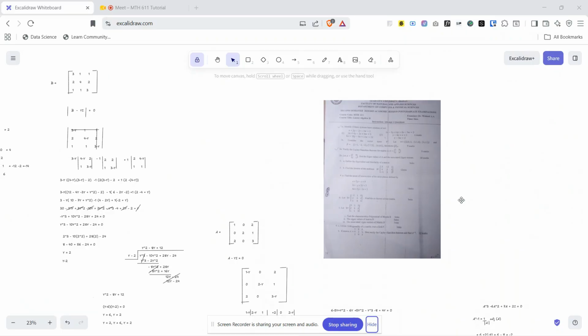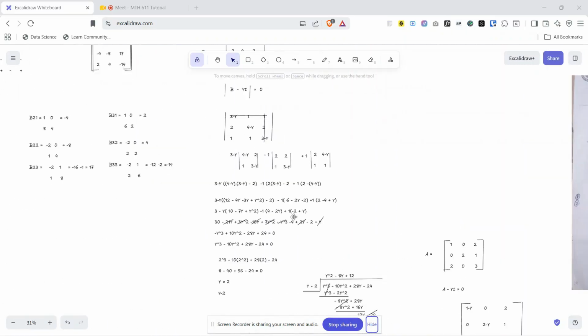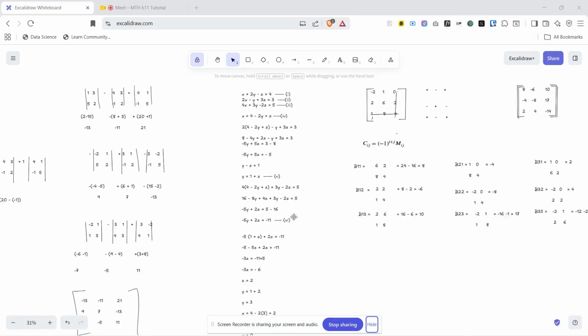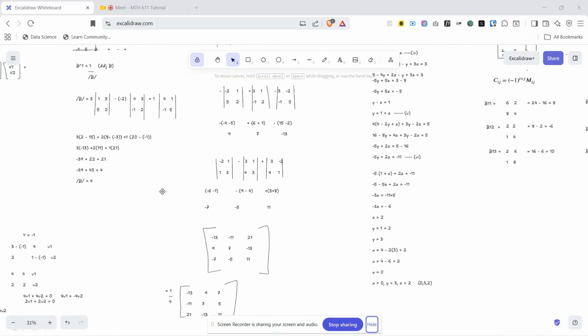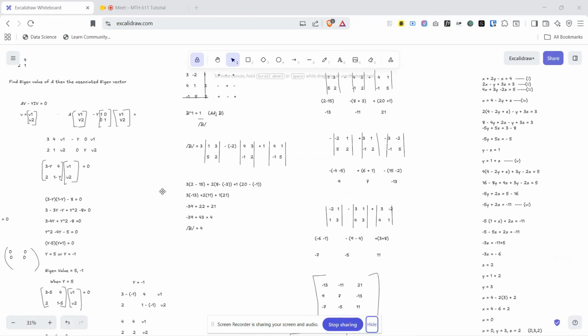Question 3B. Yes, question 3B. So that's the final thing we did yesterday. Let me see. Yes, this. Yes, you can find the inverse the way we did this.